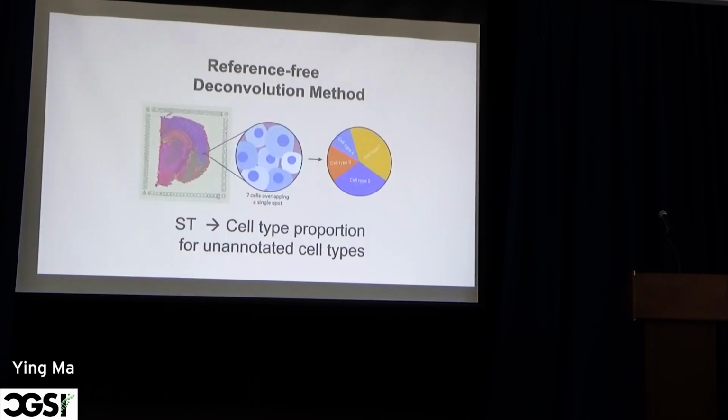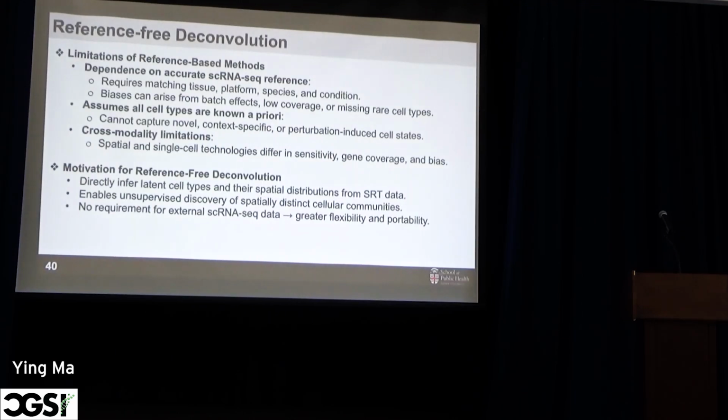The next category is the reference-free deconvolution method, which means that there is no existing single cell reference. Can we just estimate the cell type proportion directly from the data without borrowing external reference information? Why do we want reference-free deconvolution? Because there are some limitations of reference-based deconvolution.